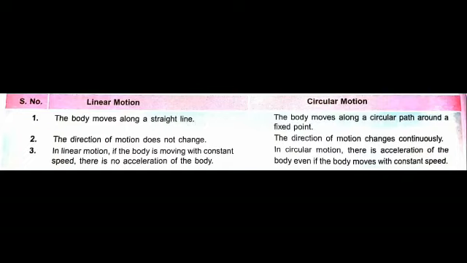Second point of difference, the direction of motion does not change in case of linear motion, whereas in circular motion, the direction of motion changes continuously. Third point of difference, in linear motion, if the body is moving with constant speed, there is no acceleration of the body, whereas in circular motion, there is acceleration of the body even if the body moves with constant speed.